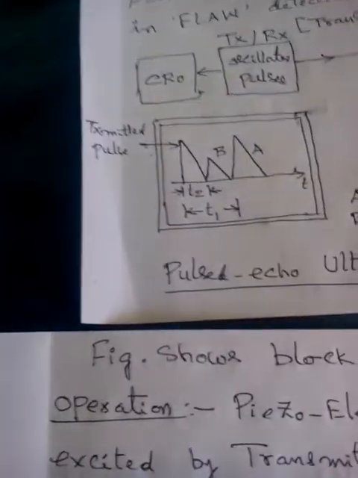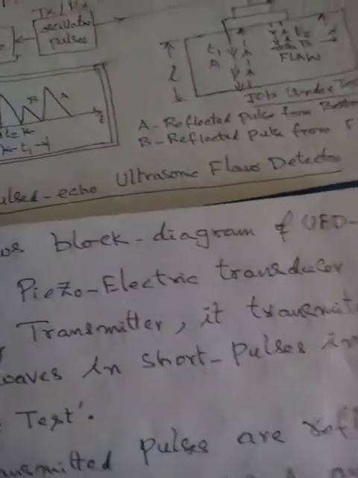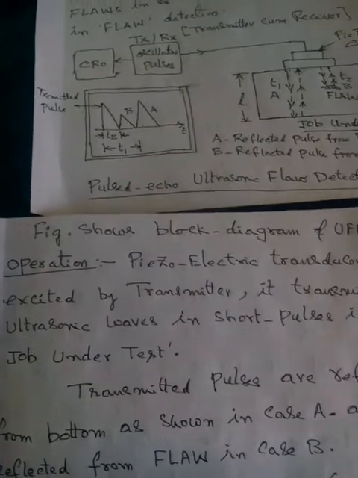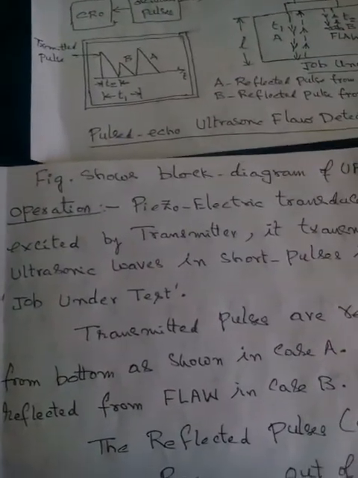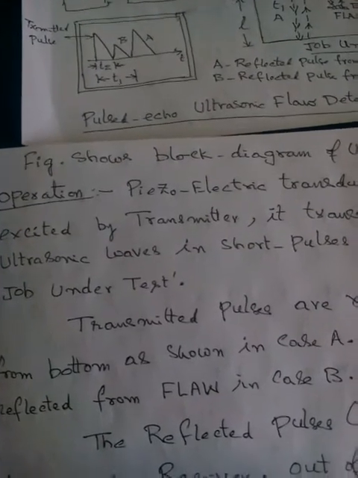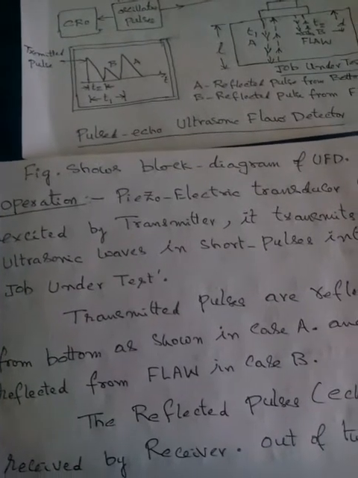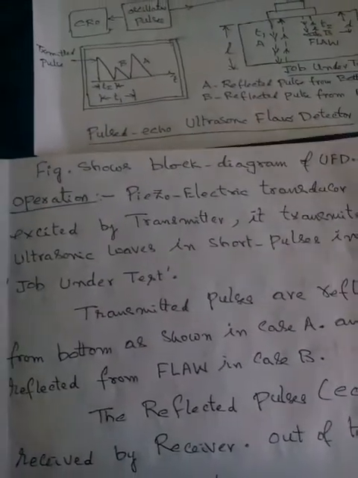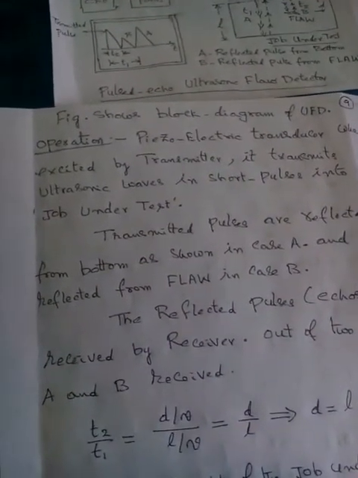So this figure shows the block diagram of ultrasonic flaw detector, UFD. Block diagram of UFD. Okay. Operation. The operation of this piezoelectric transducer, when excited by transmitter, it transmits ultrasonic waves in short pulses into job under test.